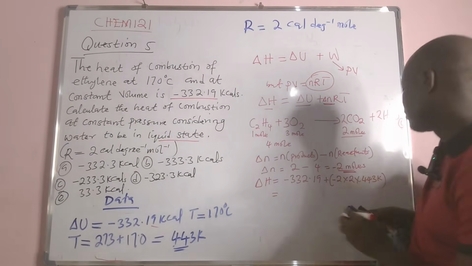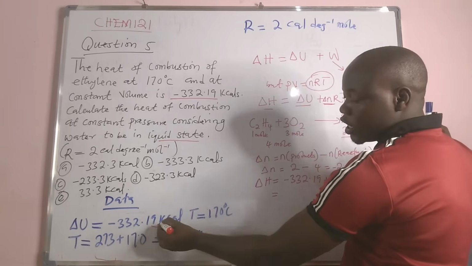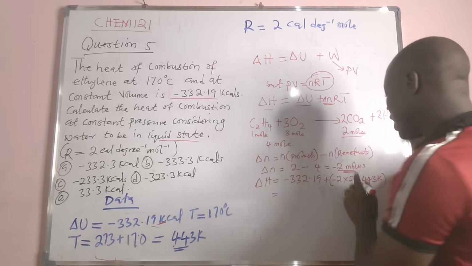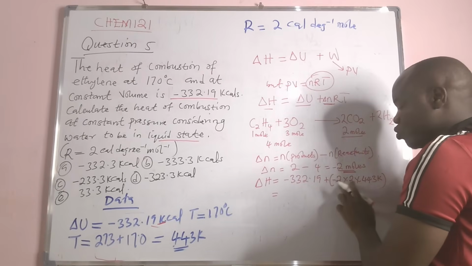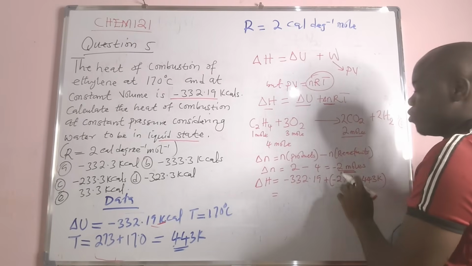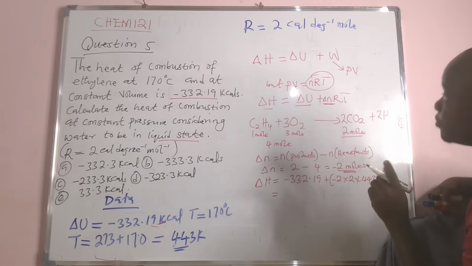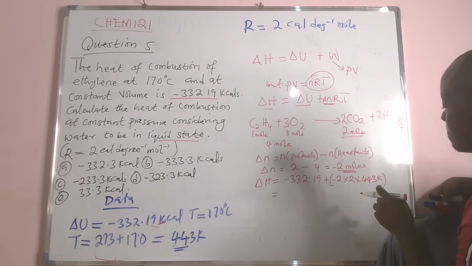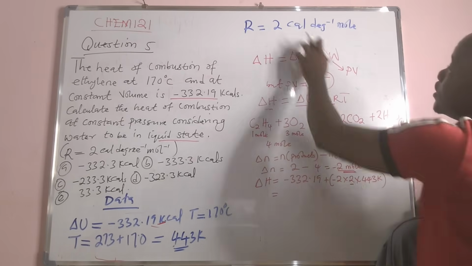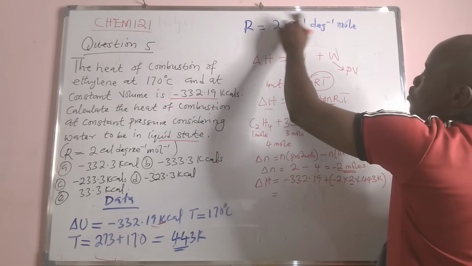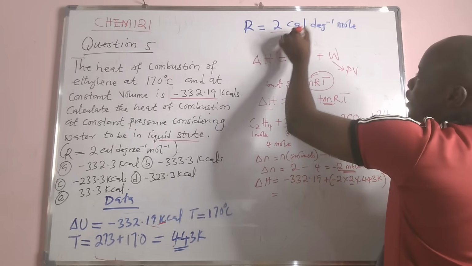But remember, this one is in kilocal. So we have to also convert everything that is here to kilocal. And how do we do that? These two are in cal, so we have to convert it to kcal. How do you convert this to kcal? We divide it by 1000.